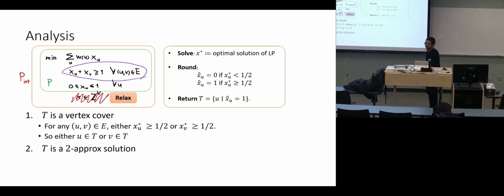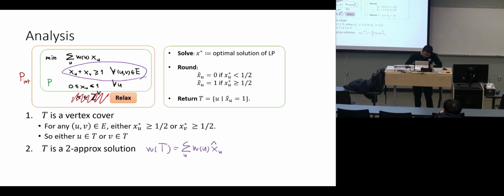And next, I want to say that T actually is a two approximation algorithm, approximate solution. So for this, let's just calculate the size of your set T. This is just the same as the sum over all nodes of the weight times x hat u.